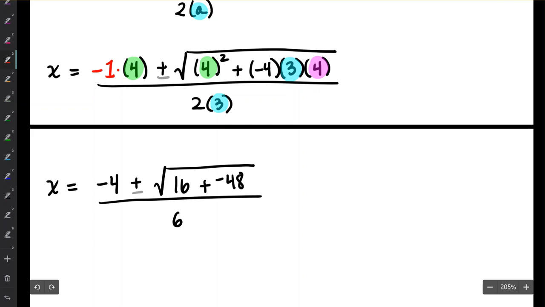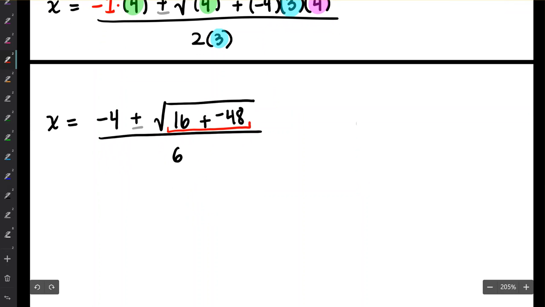Now, please don't make this common mistake and go, oh, I'm excited, square root of 16 is 4, and try to simplify that. You cannot take roots across addition or subtraction. I need to do the stuff underneath that square root first, and then take that square root. So x is equal to -4 plus or minus the square root of 16 minus 48, right?